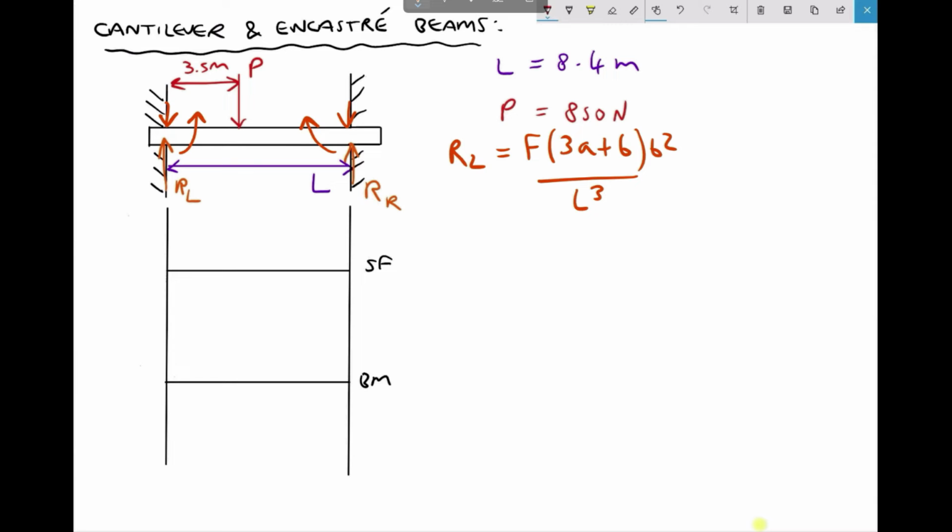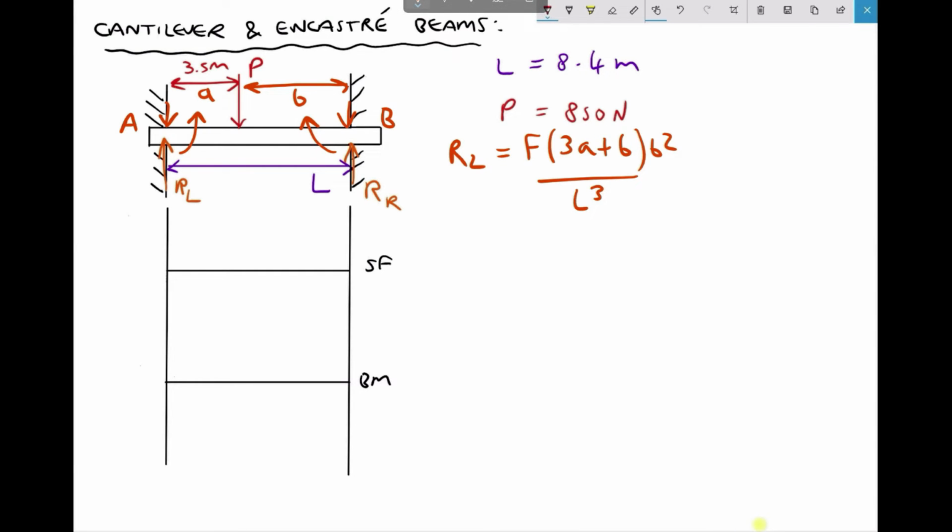The other thing we need to establish is what A and B are in this particular equation. Sometimes we'll see these labelled as the left-hand support being A and the right-hand support being B, in which case we might see this labelled as RA instead of RL. Small a is the distance from the left-hand support to the application of the point load, this distance here, A. And B is the distance from the right-hand support to the application of the point load, here.